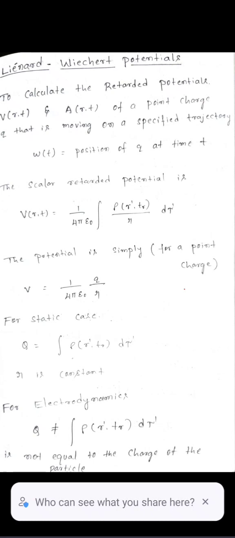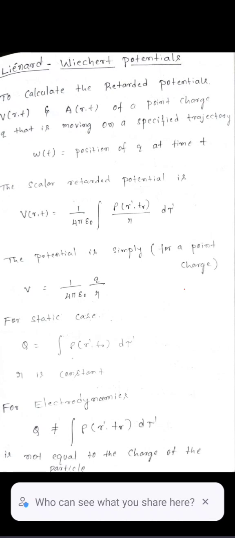Next, for the static case, meaning the charge is at rest, q is equal to the volume integral of rho of r prime comma t_r d tau prime. Here the charge is at rest, so the retarded time t_r becomes 0.